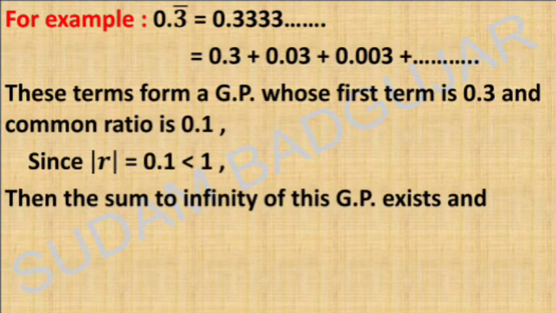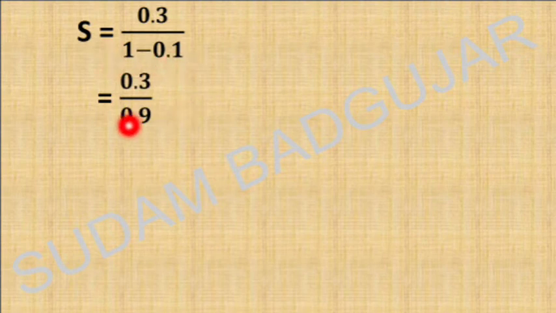The sum to infinity of the GP exists because the absolute value of R is less than 1, and that is S infinity, or we can denote it by capital S, equal to A upon 1 minus R. Substituting the values of A and R, you get 0.3 upon 1 minus 0.1, and 1 minus 0.1 is 0.9, that is 3 upon 9. That is the final answer, 3 upon 9.